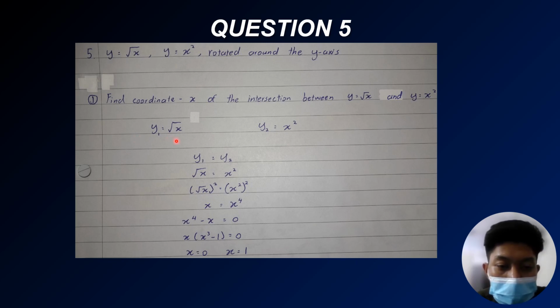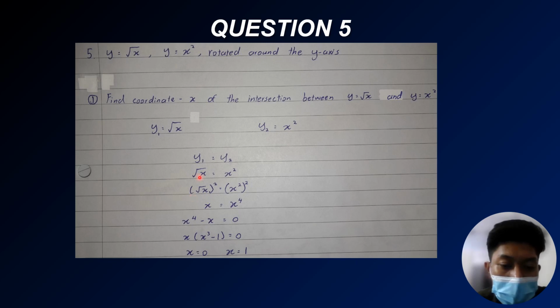For square root of x, we use y1, and for x power of 2 we use y2. y1 equals y2, so we put the values in. For y1, square root of x equals, for y2, x power of 2.